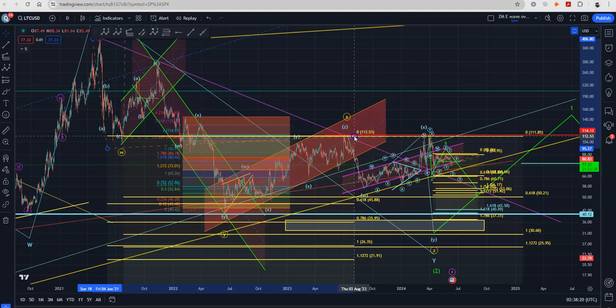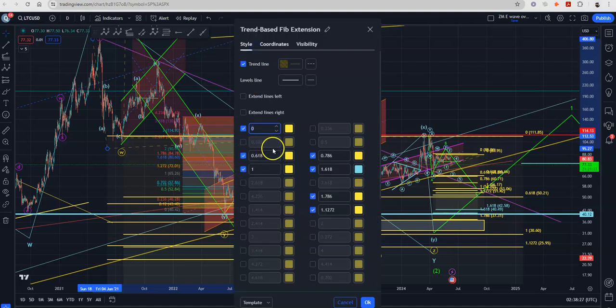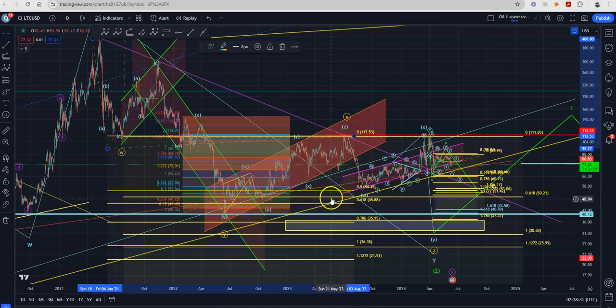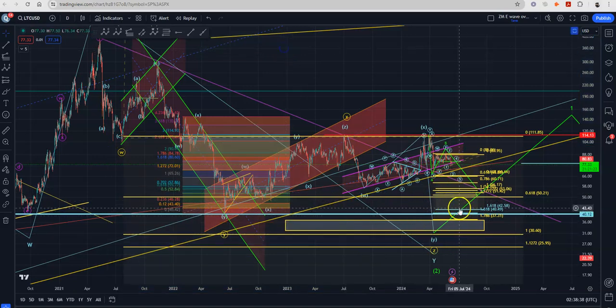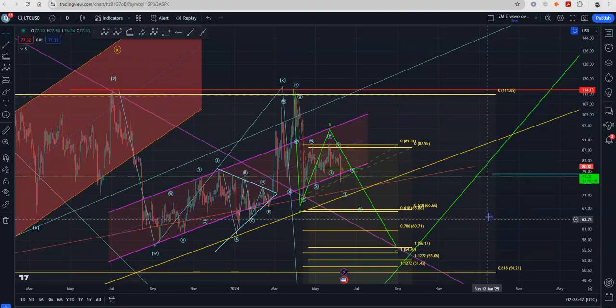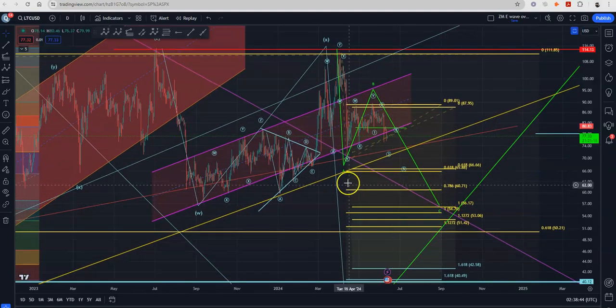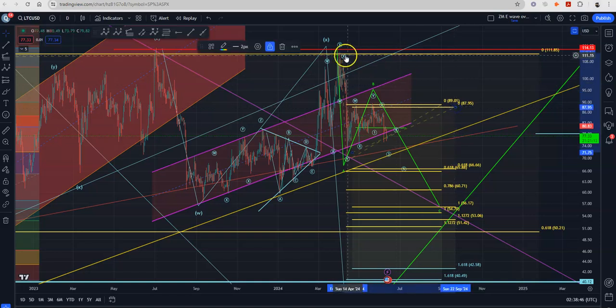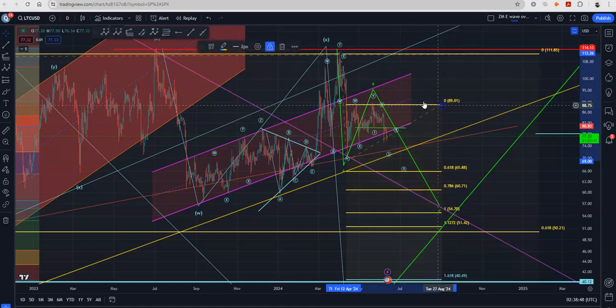It's this one. 618 is 45, so that means the 382 is. Oh, let's look at the 0.5. 0.5 is 54. Yeah, big confluence there. Big connection from all these Fibonacci's. That means the high likelihood is the bottom will be 56 there.